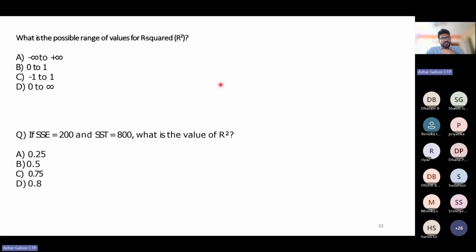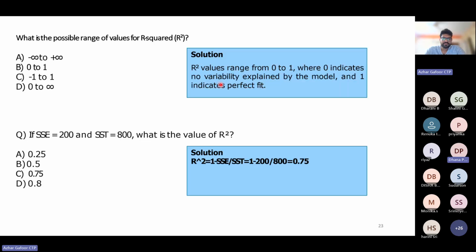Remember the formula, the R square is nothing but 1 minus SSE divided by SST. 1 minus, so C. Yeah, I think C is the answer. It's C is the answer.